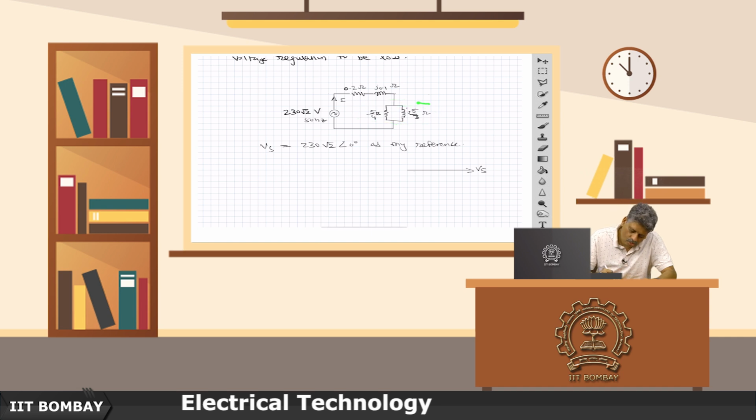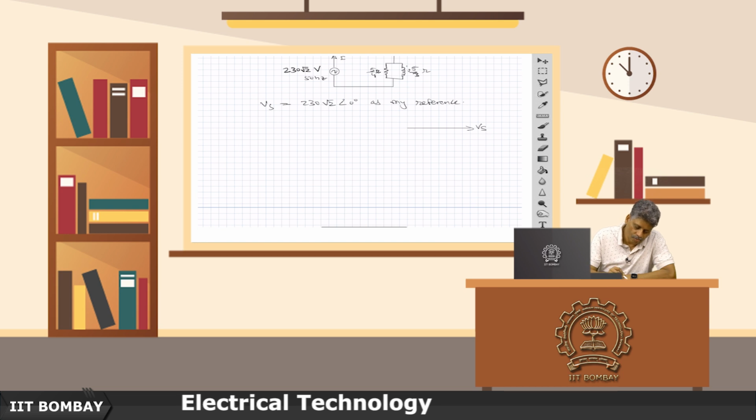So, what we need to do is first calculate the net impedance of this parallel block, and then add that to this impedance, the wire impedance, and then we will get the total impedance of this whole subsystem, and that comes across this voltage source. So, then we can apply Ohm's law and get the current.